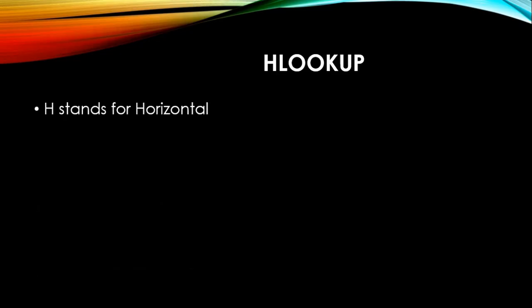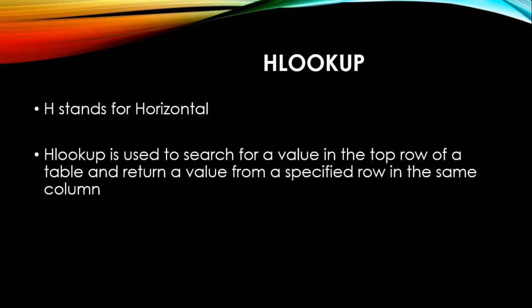So next we'll see about Hlookup. H stands for horizontal. So that is, it is used to search for a value in the top row of the table. Hlookup is used to search for a value in the top row of a table and return a value from a specified row in the same column.